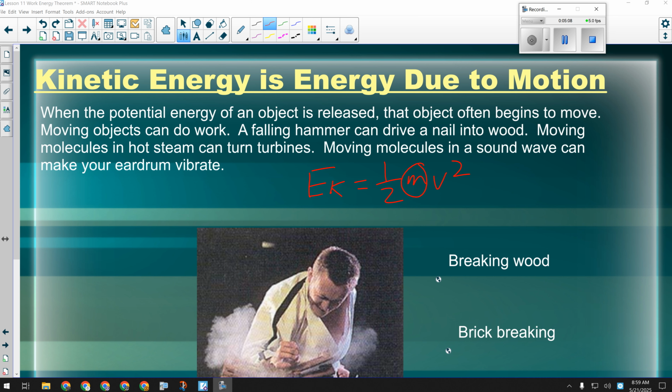It doesn't have enough kinetic energy. It has very little mass and it's not moving very fast. But if we're looking at a bullet that's been fired, that's got a lot of kinetic energy because it could be moving anywhere between 300 and 1,000 meters per second, depending on what it was fired out of.